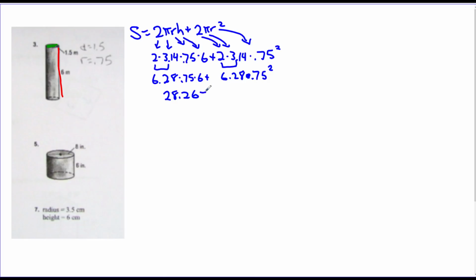28.26 plus, and then we have, clear this off, 6.28 times 0.75 squared is 3.5325, and then we just add those together.